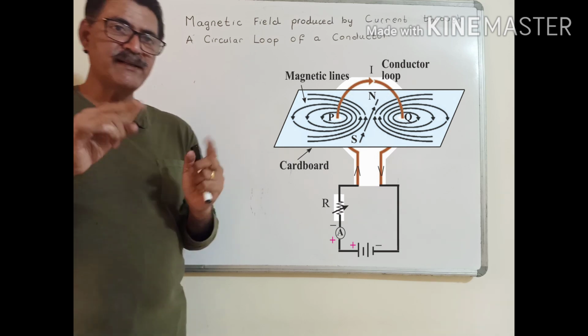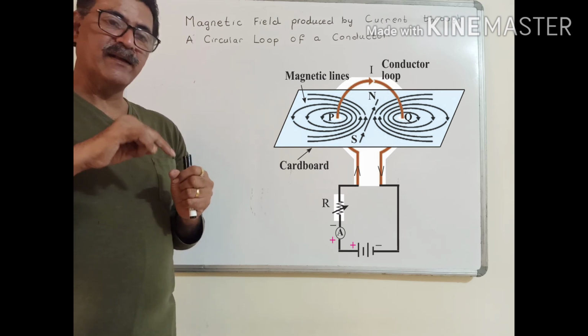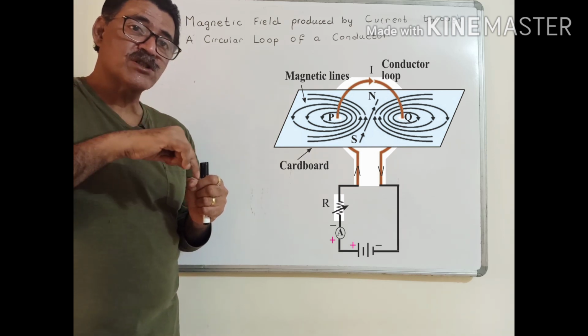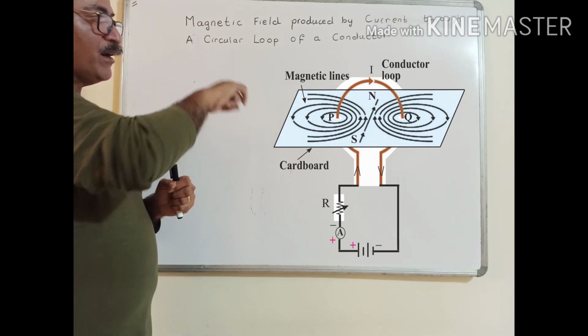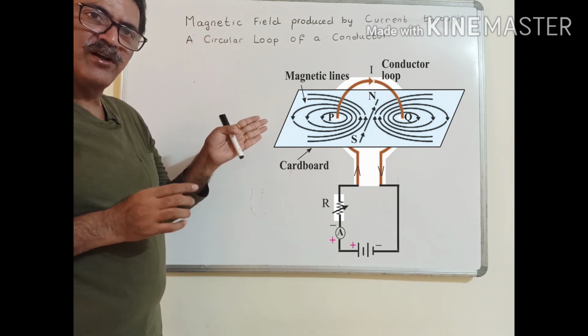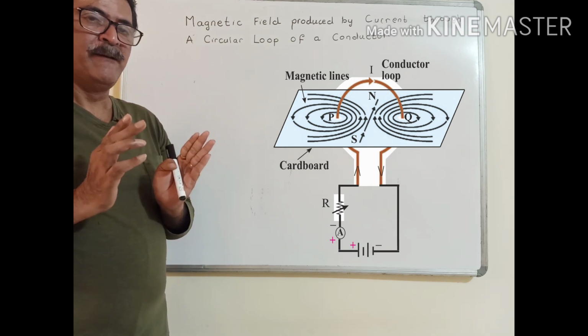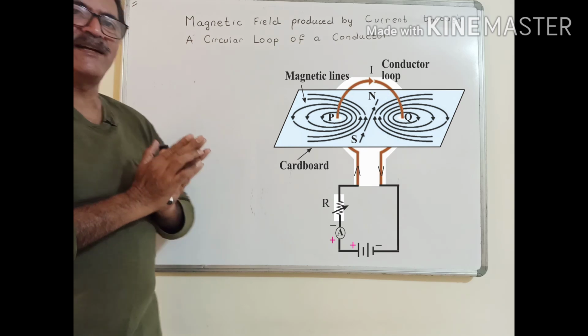Right? Now students, here also you will find that the magnetic lines of force of the current carrying circular loop are in the form of concentric circles. But there are a few observations that you have to make.